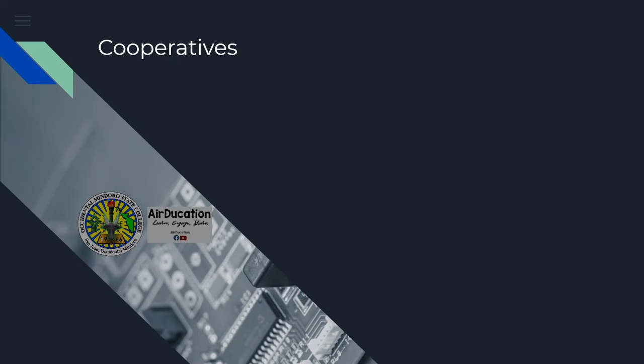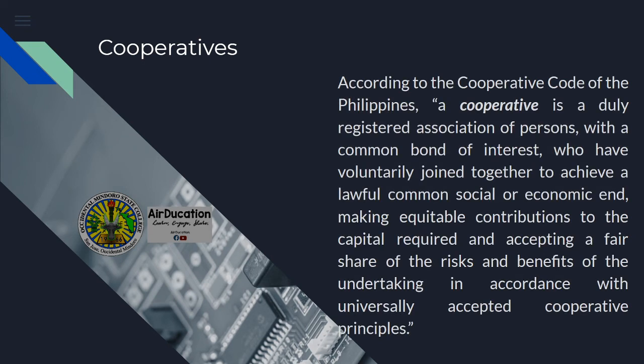So here we are now in the last part of our discussion, the cooperatives. So cooperatives, according to the Cooperative Code of the Philippines, is a duly registered association of persons with a common bond of interest who have voluntarily joined together to achieve a lawful common social or economic end.